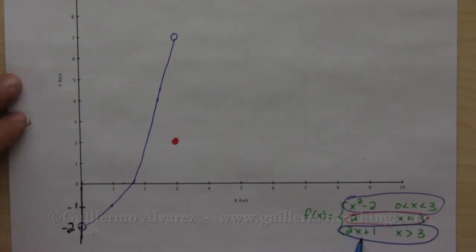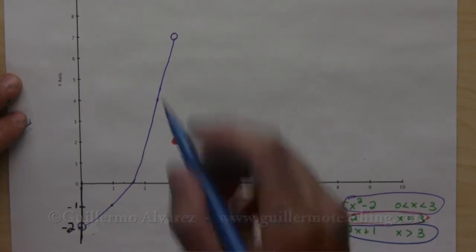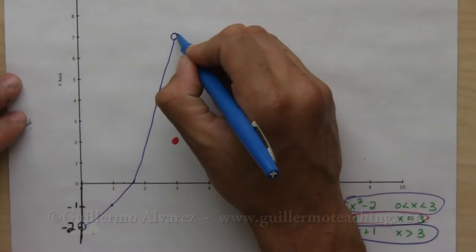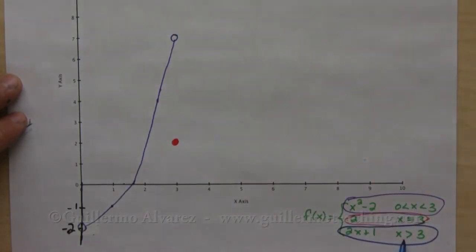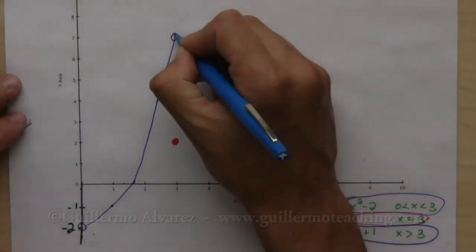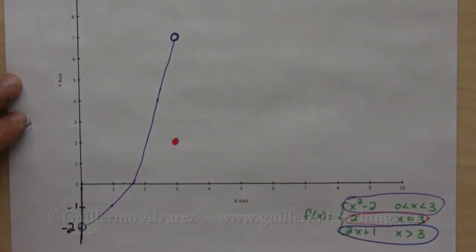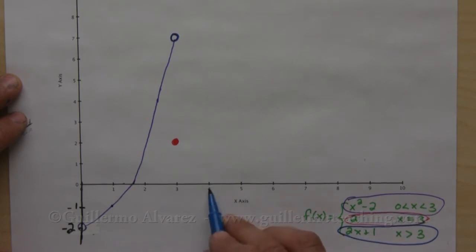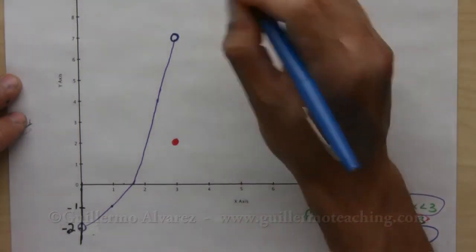So I'm just going to plug in a couple of values. I know that at 3, this line is 7. So here. And then, but it's not including 3, so that's why we would have an open circle again. And if I plug in, let's say 4, I would get 4 times 2 is 8, plus 1 is 9. So when x is equal to 4, this guy is equal to 9.